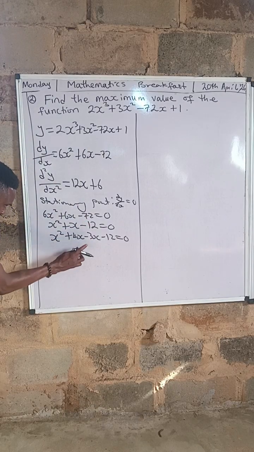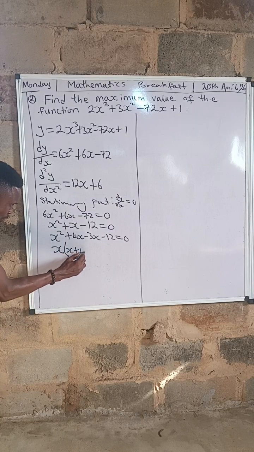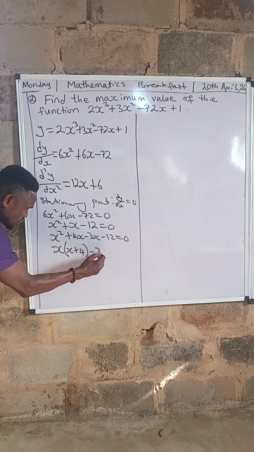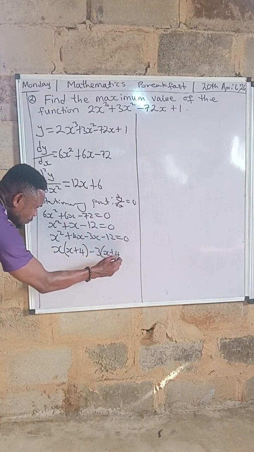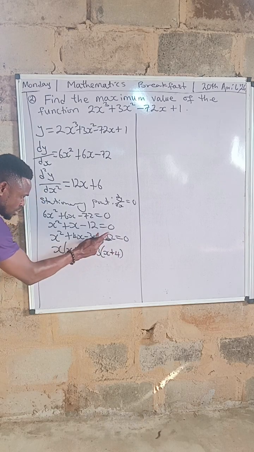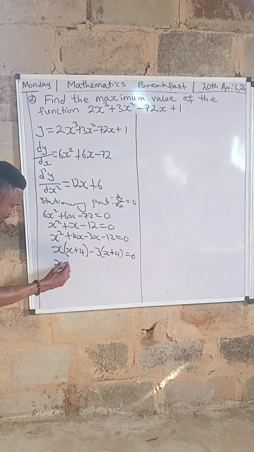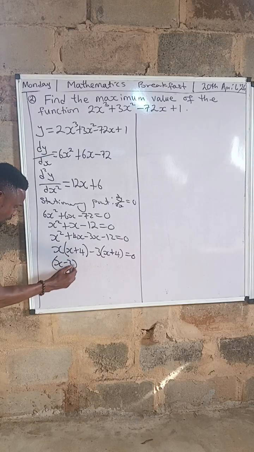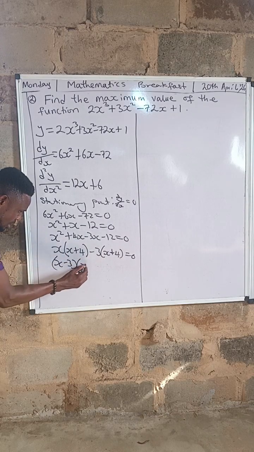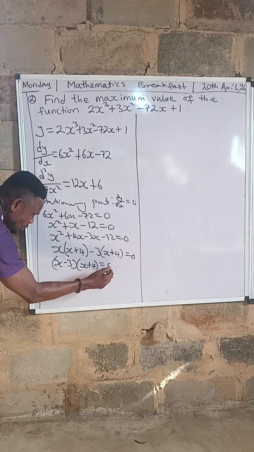So factorize the first two terms. We now have x common, remaining x plus 4. Factorize again, minus 3 is common, remaining x plus 4. So minus times plus is minus, 3 times 4 is 12, equals 0. So we now have x minus 3, then x plus 4 equals 0.